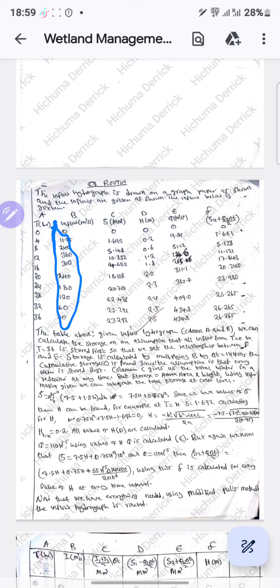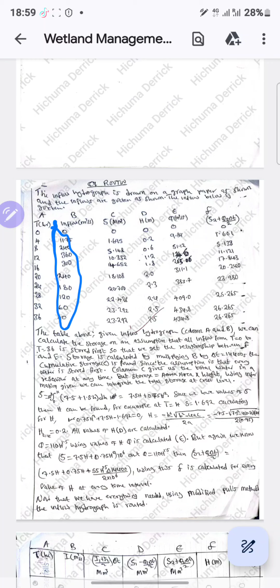you need to come up with a storage. Okay, you can make an assumption. Okay, then from the storage you can find because the challenge that I had came up with the storage, but then I realized that if you don't accumulate it, if you don't find the cumulative storage, it will give you a challenge when you try to plot the two graphs.